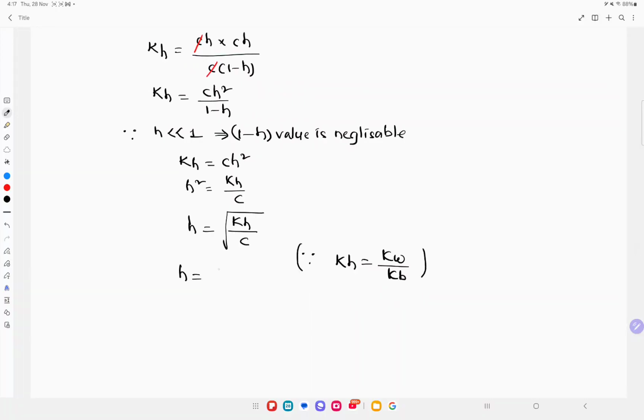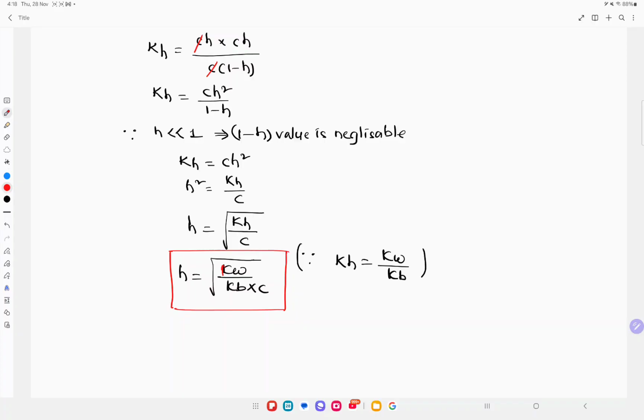H is equal to under root of KW by KB into C. So this is the formula, or you can say the relation between hydrolysis constant, degree of hydrolysis H, ionic product KW, base dissociation constant KB, and concentration.